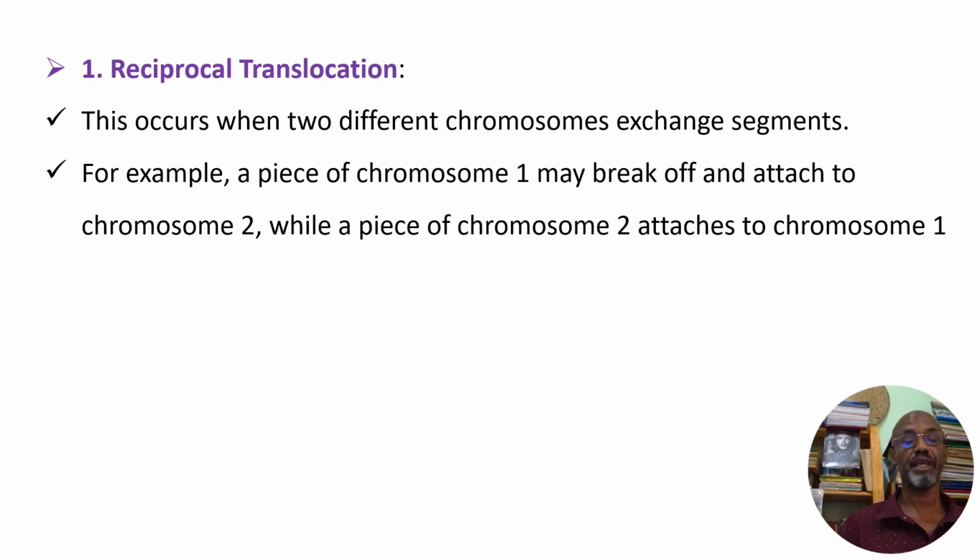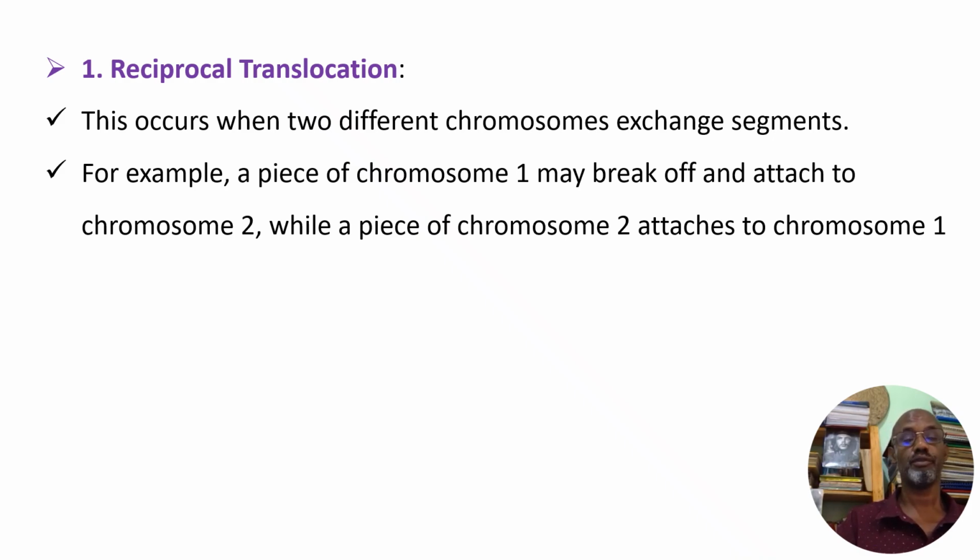One chromosome may give larger parts while the other gives smaller parts. It's not an equivalent exchange. In some cases, it could be an equivalent exchange, so that both chromosomes are equally exchanging similar portions of their DNA.